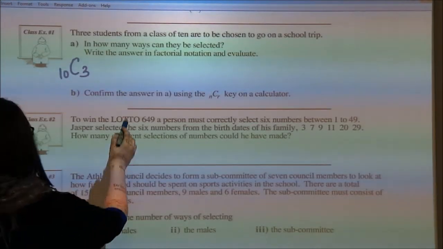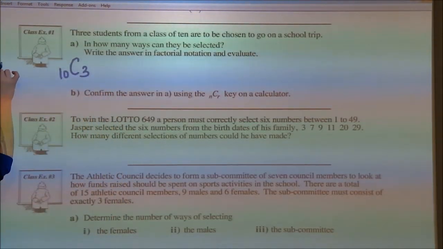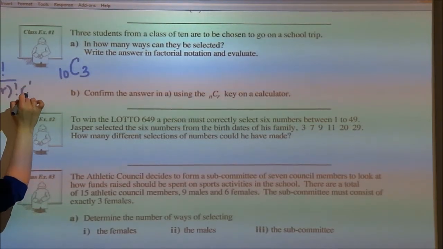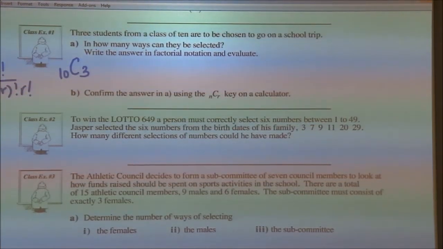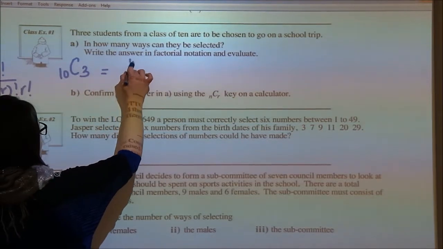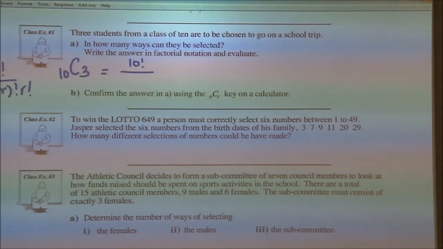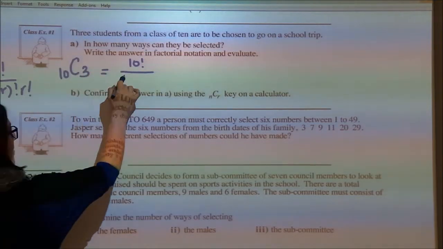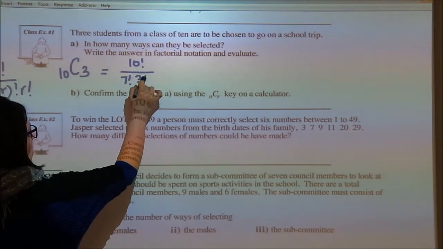So in terms of factorial, my factorial formula is this. So n factorial, n is 10. And then I have n minus r, which is 10 minus 3, so 7 factorial, and r factorial.